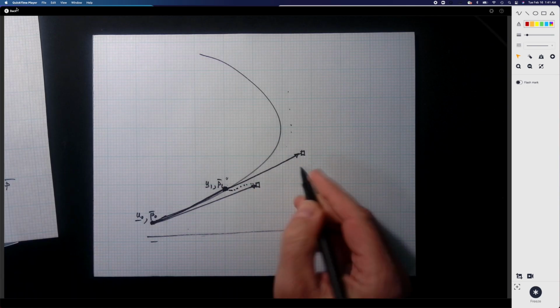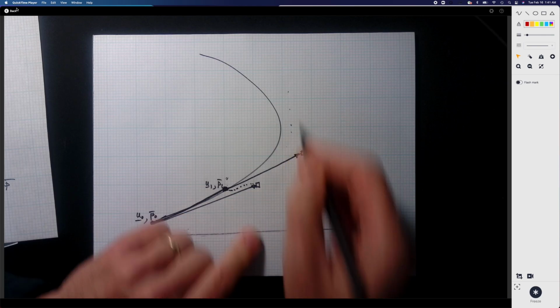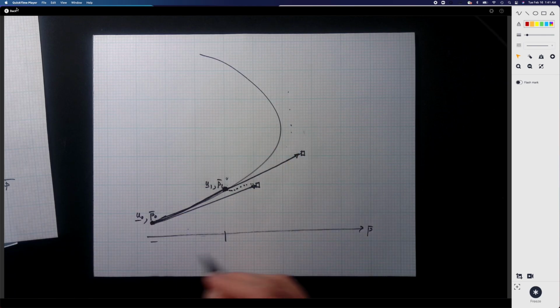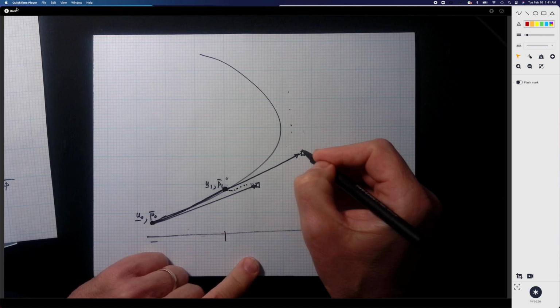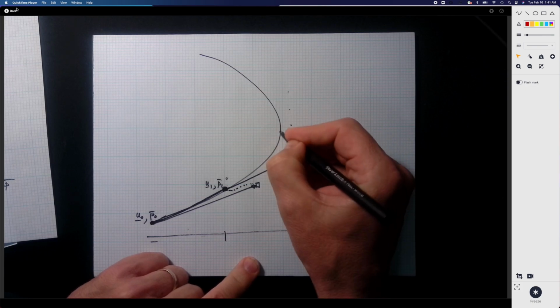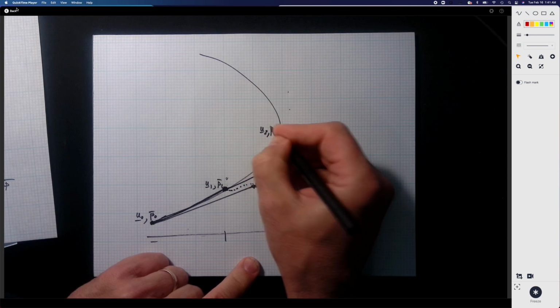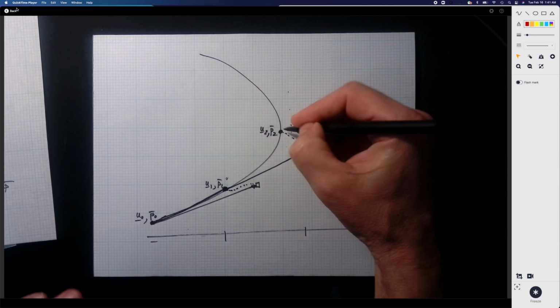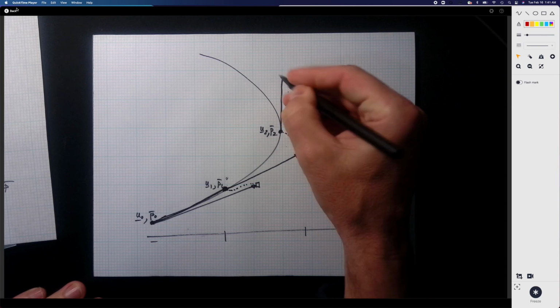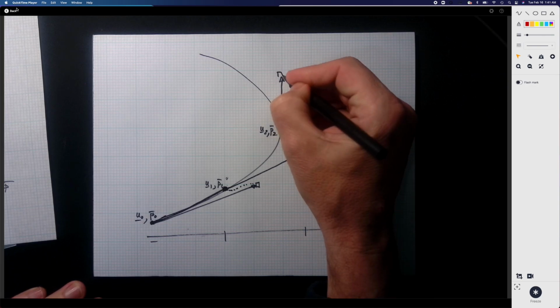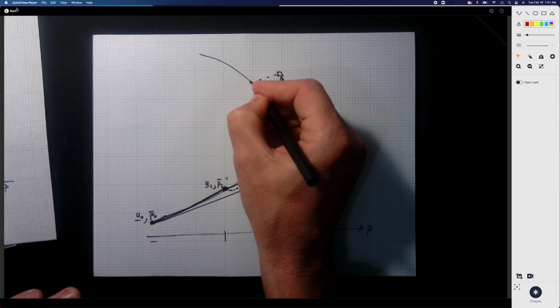And now, even though there's no solution, we're not constrained to move only at a fixed p bar increment. It can move back to the branch. This would be u2 p bar 2. And then we take another derivative, get the new predictor, and then go back on the curve.